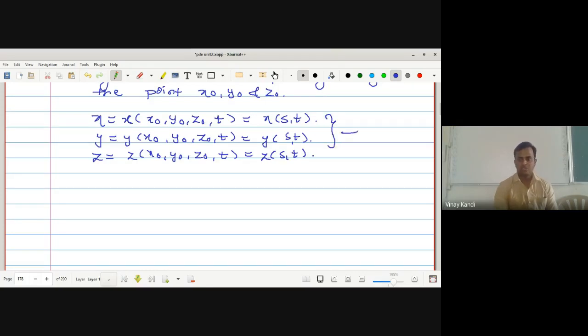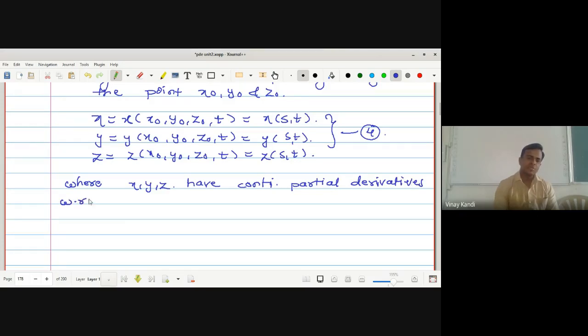Okay, give this as equation number 4, where x, y, z have continuous partial derivatives with respect to s and t, and it satisfies the initial condition.